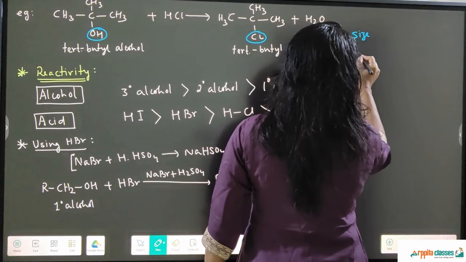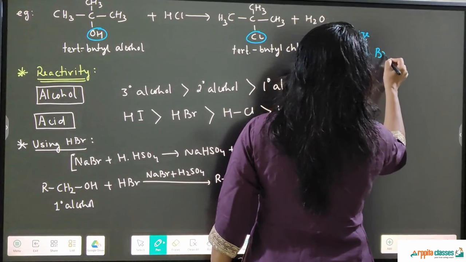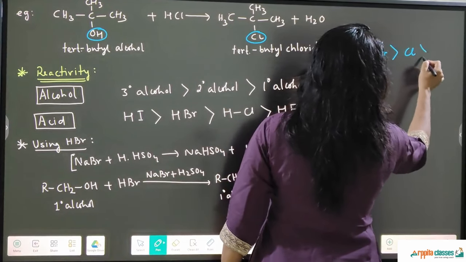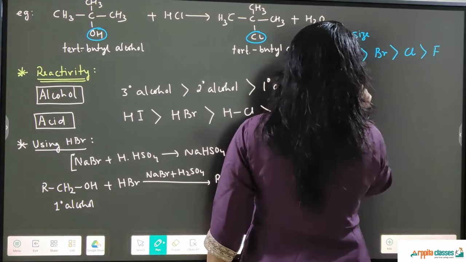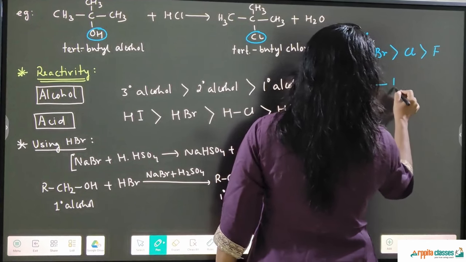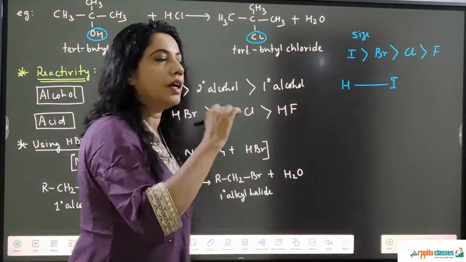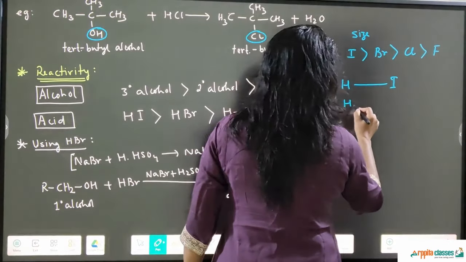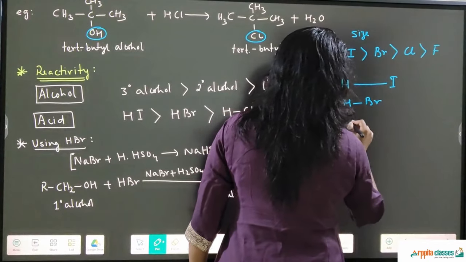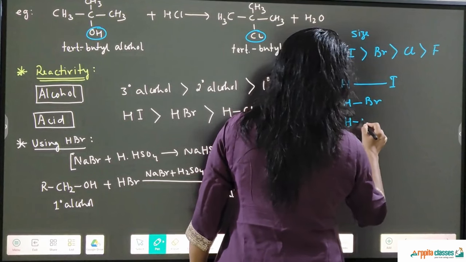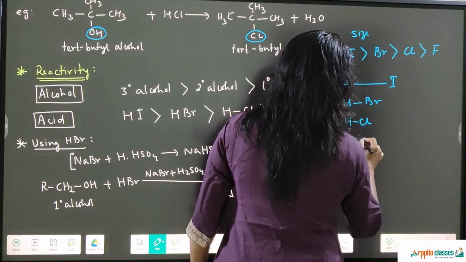Iodine is bigger than Br, which is again bigger than chlorine, and which is bigger than fluorine. So when you talk about HI, the bond length will be much bigger than HBr, while HCl will be smaller and HF will be very small.